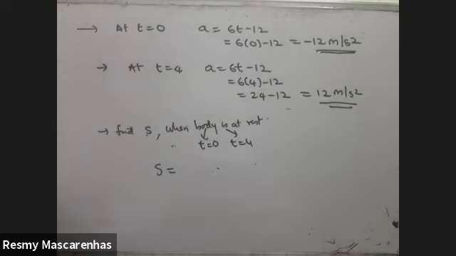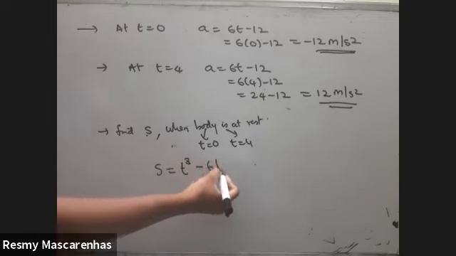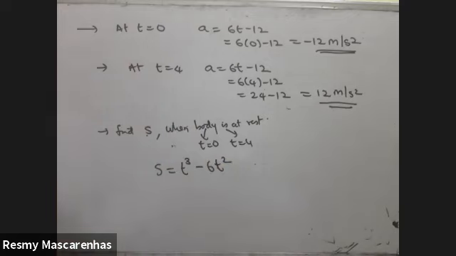What was the equation given? S is given to you as 3t cube minus 6t square. Whenever you are asked to find displacement, look out for this equation in terms of S.